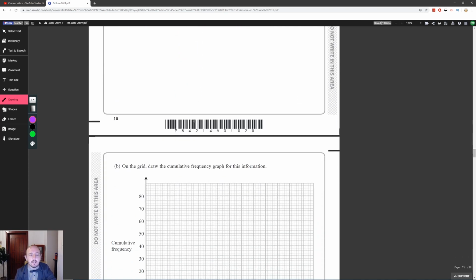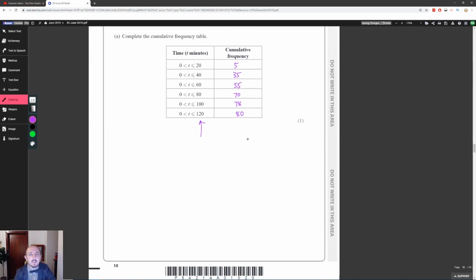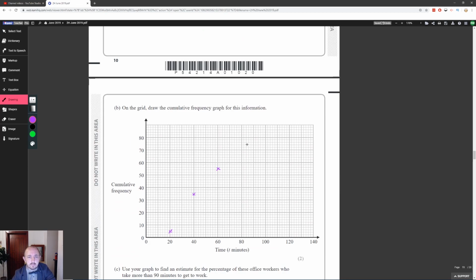So we've got 5, 35, and 55. And then 70, 78, and 80, like that. And you would try and connect these with a smooth curve, which is pretty difficult on computer, something like that.